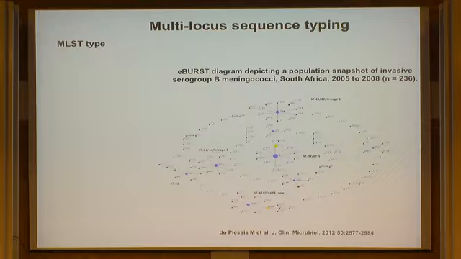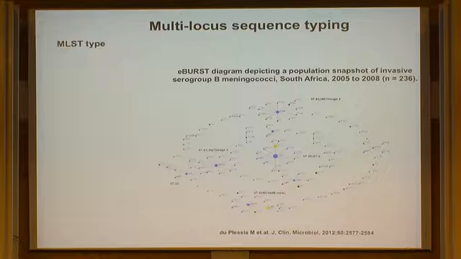I'm sure many of you know this already, but essentially this is based on typing 7 or more, a certain number of housekeeping genes, and then using that to barcode each strain. This is an alternative level of structure that we decided we wanted to try and explore or understand.